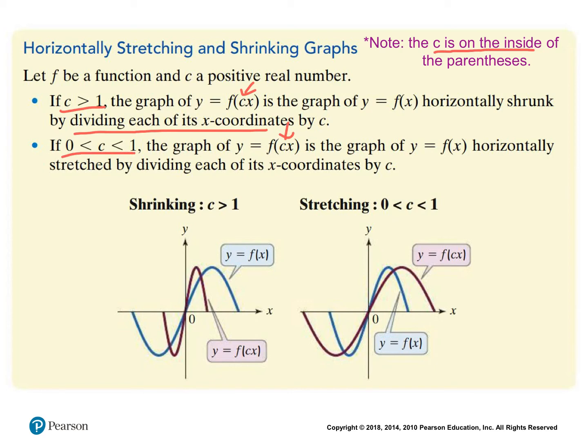If the C is between 0 and 1, a fraction or a decimal, it's going to be horizontally stretched by dividing each of its x coordinates by C. So you can see the original blue one, and then it got horizontally shrunk. That purple one is shrunk when I put the C on the inside. And then the stretching one, the original, is smaller than the one that was stretched horizontally.